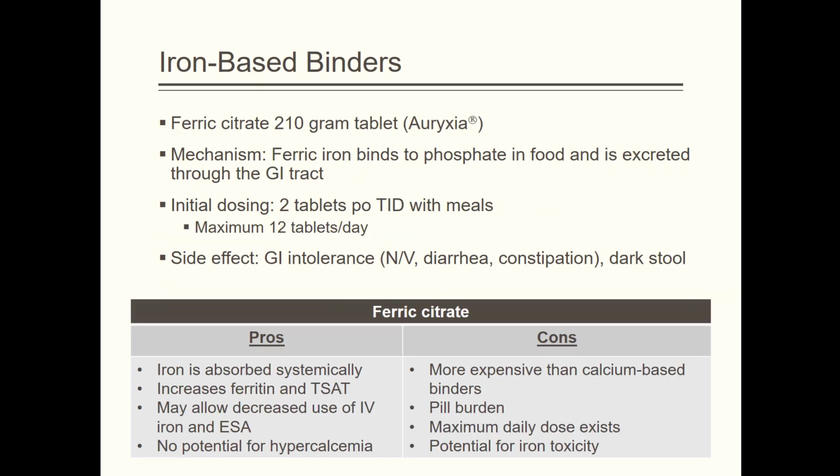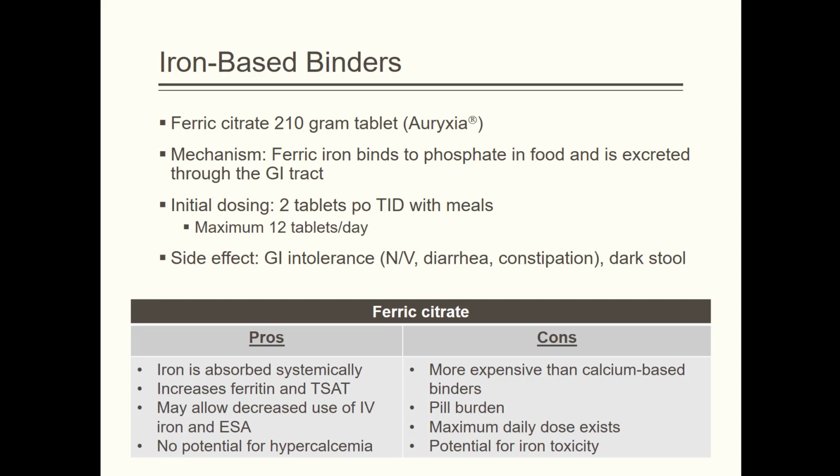Ferric citrate is another iron-based binder, brand name Auryxia. It also has side effect of GI problems and dark stools. This one is absorbable iron. So there are many studies with ferric citrate in terms of decrease in IV iron and ESA uses, because if you use ferric citrate as a phosphate binder, it increases the TSAT and ferritin and hemoglobin levels.